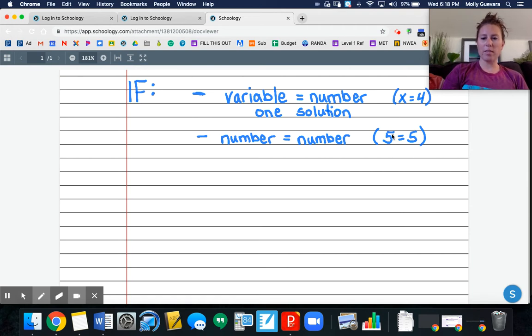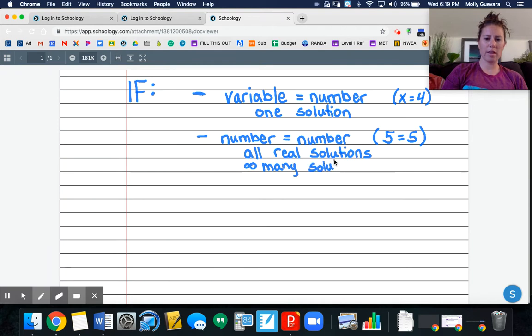So if I get something that makes sense like this, does 5 equal 5? Yeah, right? What that means is that the answer is all real solutions. And so what that means is that I can plug any number I want into that original problem and it'll work no matter what. Okay, sometimes we say infinitely many solutions.